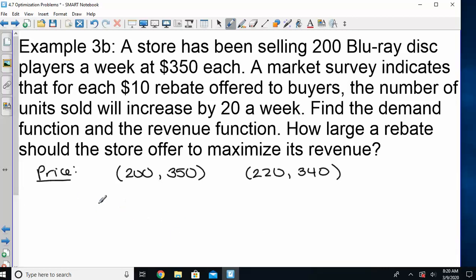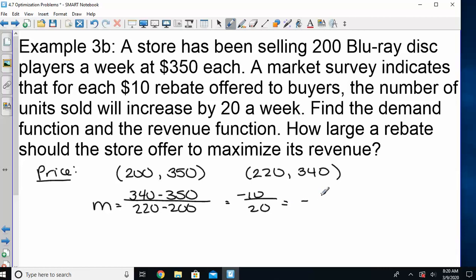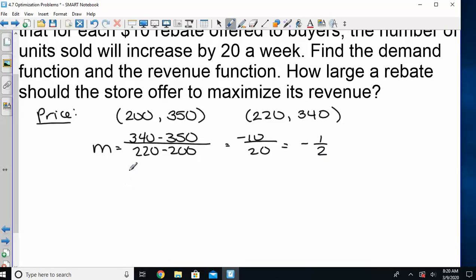Okay, so if we find our slope, -1/2. Take one of my points, I'll just do the first one.